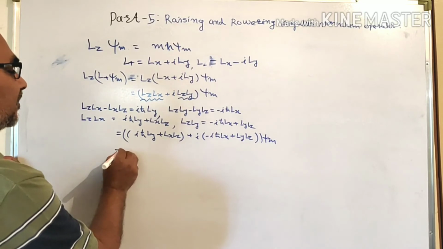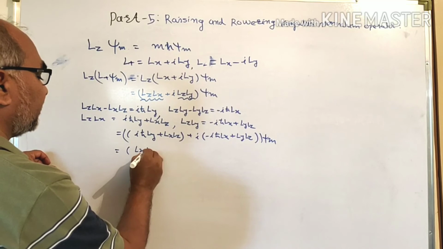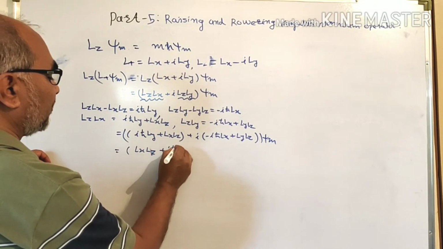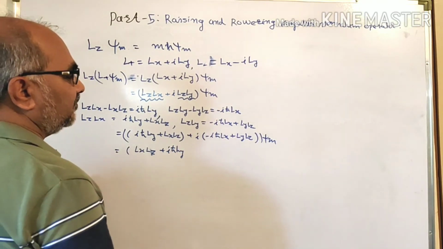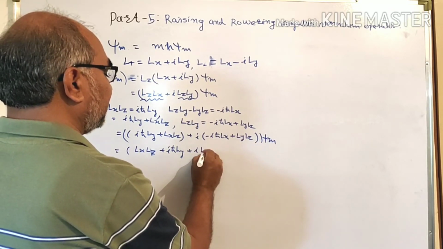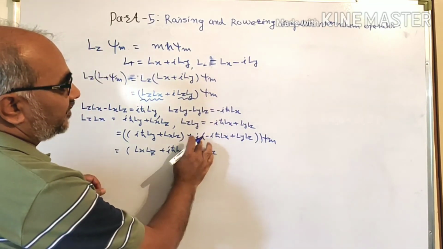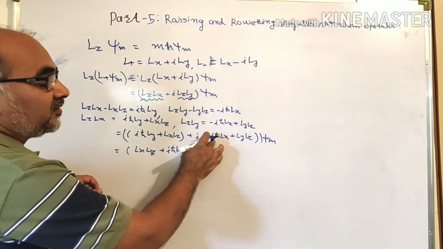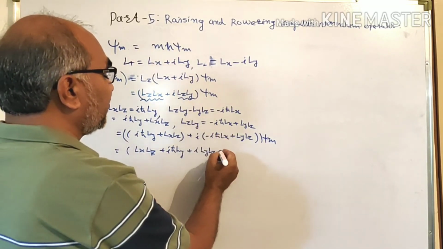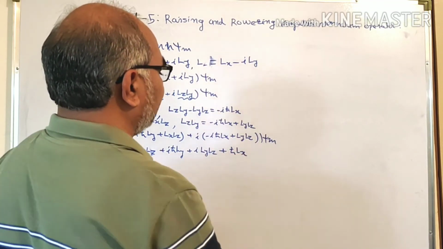So we write this as LxLz plus iħLy, plus iLyLz, and multiplying inside, i squared is equal to minus 1, so minus times minus makes plus ħLx.